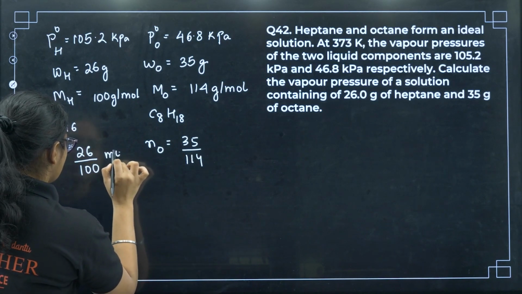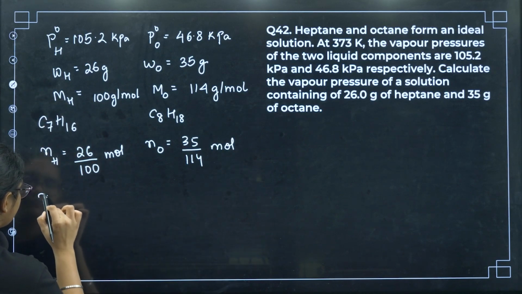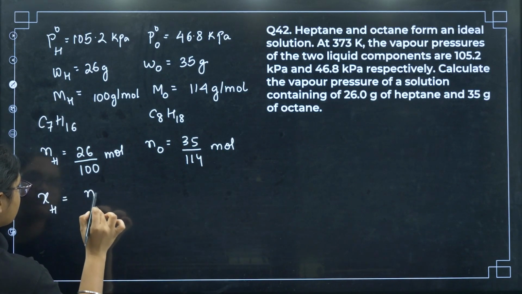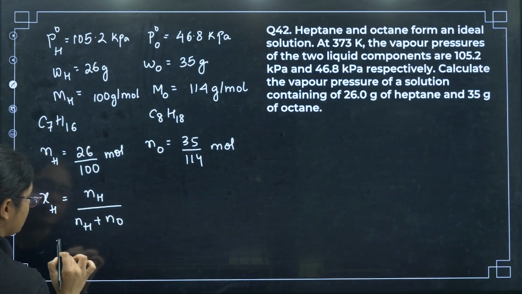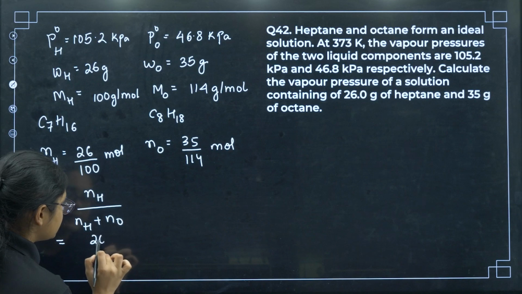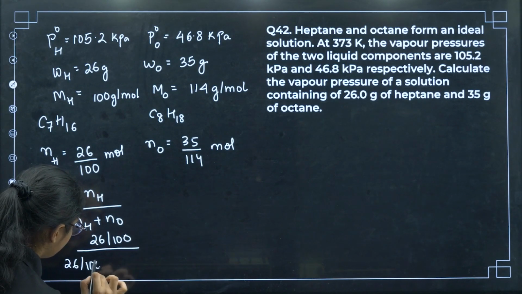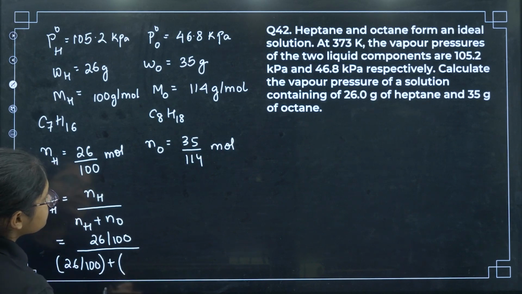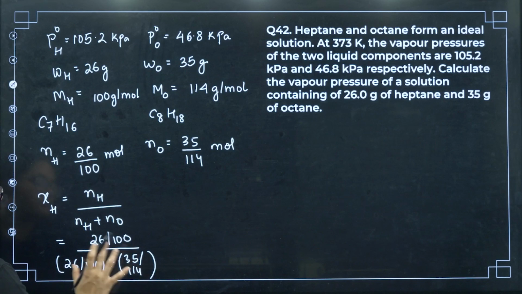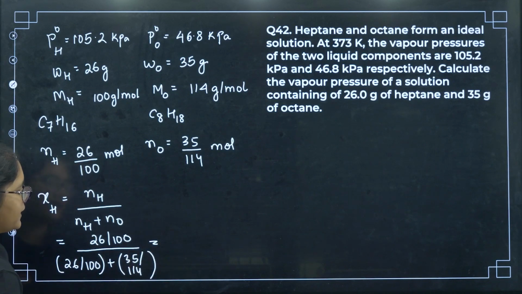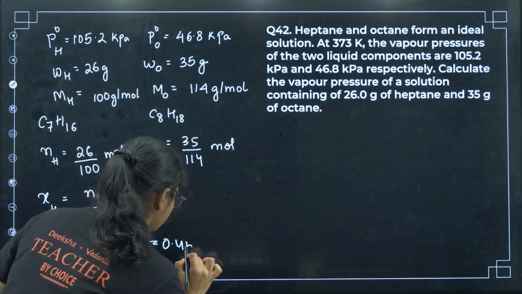Next I can calculate mole fraction of heptane, that is number of moles of heptane by number of moles of heptane plus number of moles of octane, which is equal to 26 by 100 divided by 26 by 100 plus 35 by 114, okay. So you have to solve this, and if I solve this, I will be getting around 0.458.